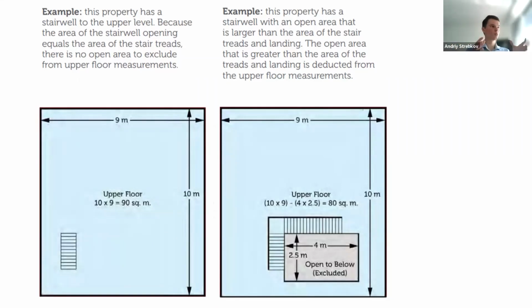So there is no extra open area to exclude from upper floor measurements. However, on the right-hand side, we see that there is open to below area. So this open area is actually greater than the area of the treads. This area cannot be included in total square footage.